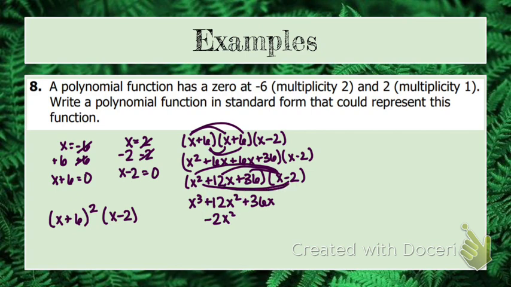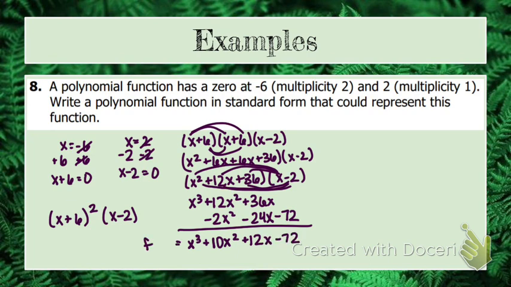All right, the negative 2 times 12x is negative 24x, and then negative 2 times 36 is negative 72. So we're going to add these together. And that's going to give us x cubed plus 10x squared plus 12x minus 72 equals f of x.